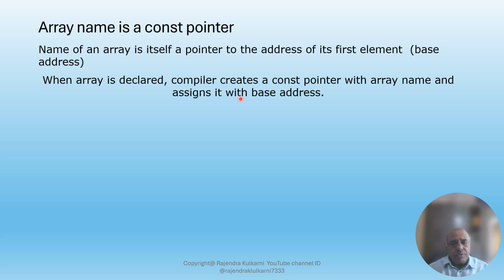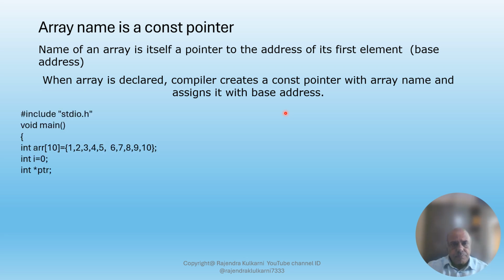A const pointer means the pointer whose value, that is the address stored in it, can never be changed. So when an array is declared, the compiler creates a const pointer having the name of the array and assigns it the base address of the array, or the address of the 0th element.